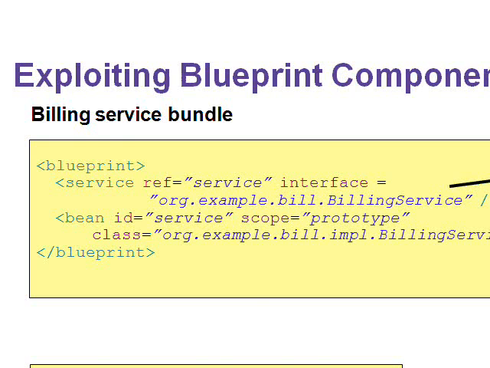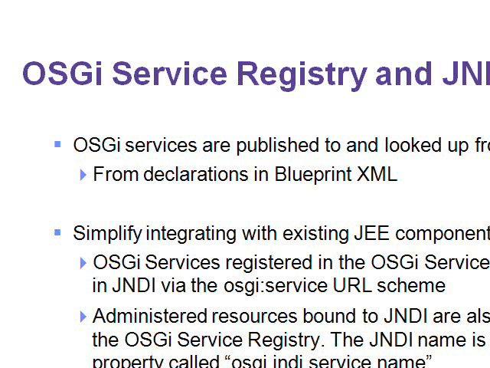Slide 42 explains how the OSGi service registry and JNDI, which is the standard naming and directory interface for Java EE, mutually interact. JNDI has its own registry, and OSGi has another service registry, but they can mutually reference each other's registered components using URLs, and that is what the slide shows.